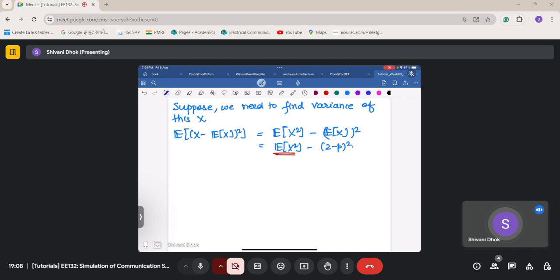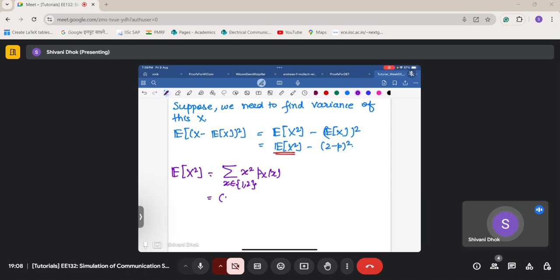So therefore we can find out expectation of x square as summation over whatever support we have. Here it is 1 and 2, x square into px of x.